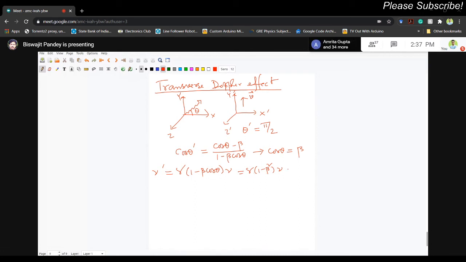So this is basically nothing but, you can write either in terms of beta or gamma, it doesn't matter, up to you. I can write nu into square root of 1 minus beta square, or nu by gamma. And you can clearly see this is the effect of time dilation. The frequency changes by a factor of this Lorentz factor gamma, right? So nu prime is again going to be less than nu. This is purely due to time dilation. And so this frequency shift.